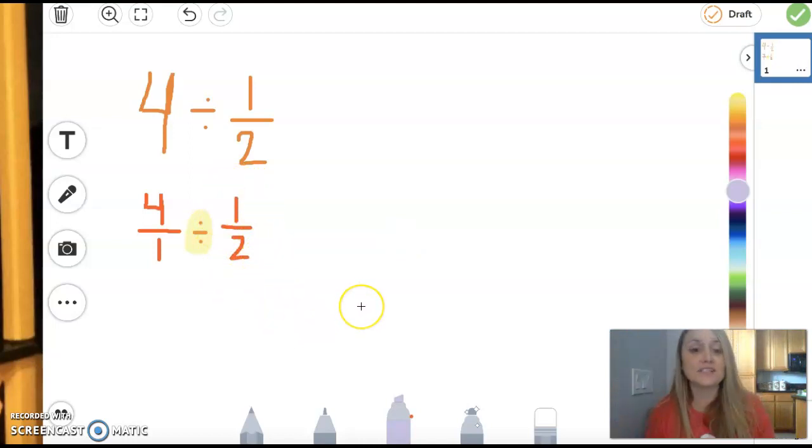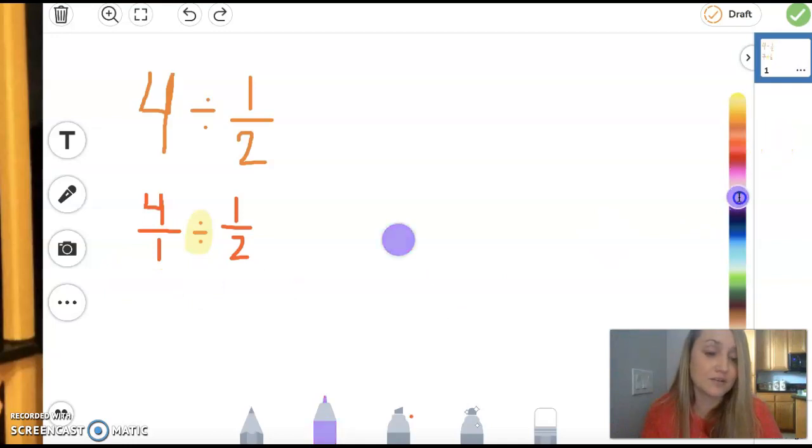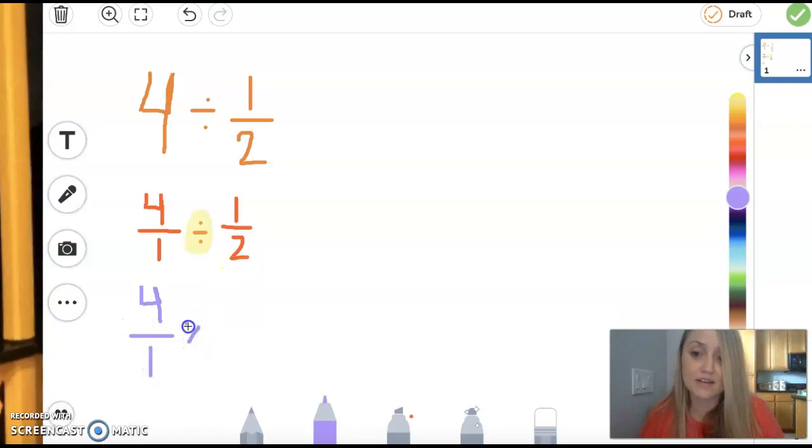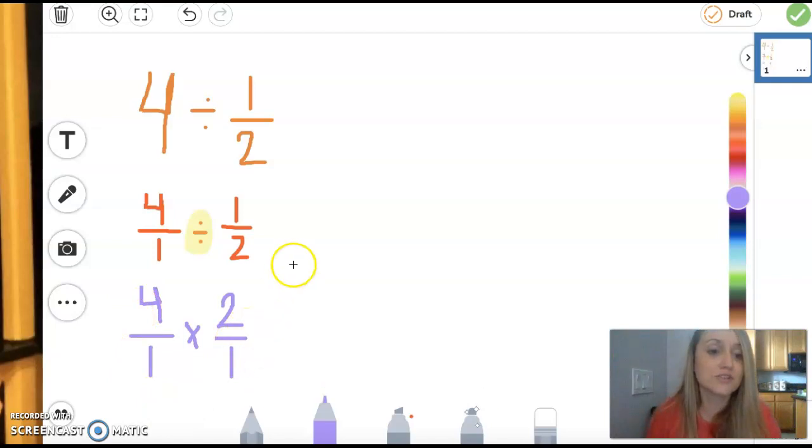I always did this in class, I'd say, flip the second number and multiply, and I would always have the kids do that in class, but that way you can solve the problem, okay? So the first number is going to stay exactly the same. You're going to flip the second number and multiply. It is a huge, important rule.